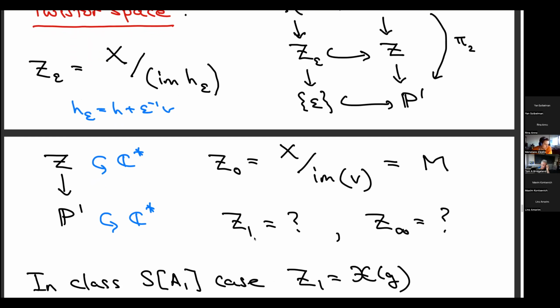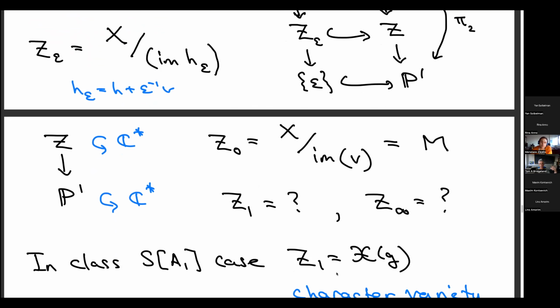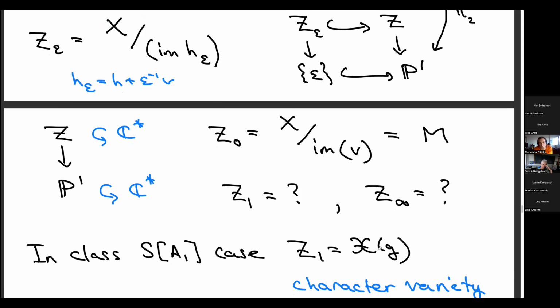So it's easy to see that this Z1 should be the character variety. In other words, maps from the fundamental group of C into PGL2, modulo gauge. So this character stack, I suppose I should call it. And really Z infinity is the same because that was also an isomonodromic connection.